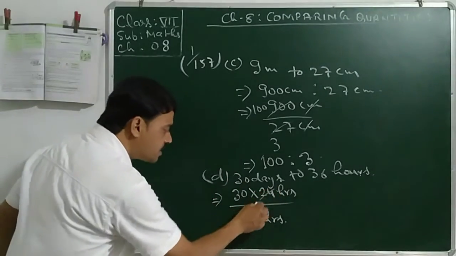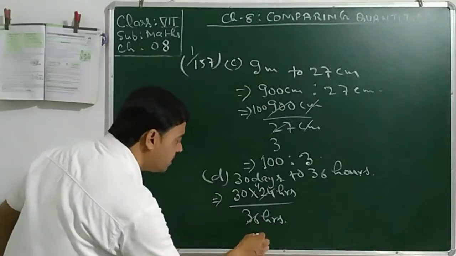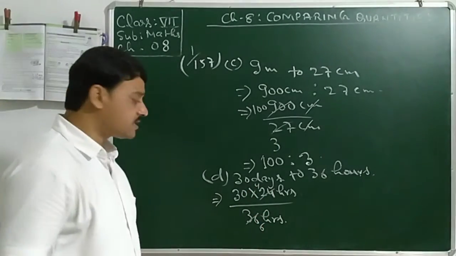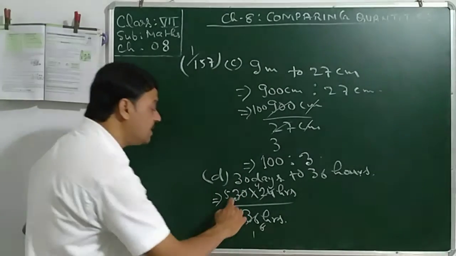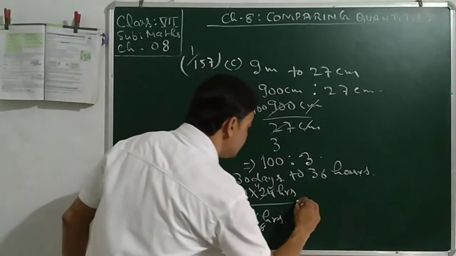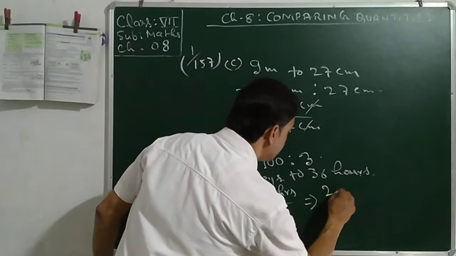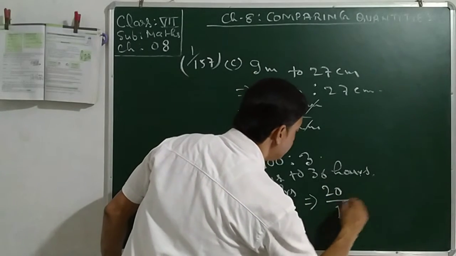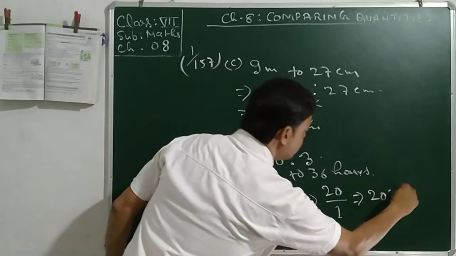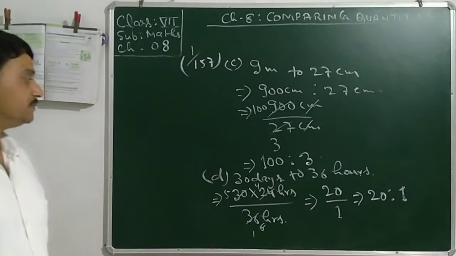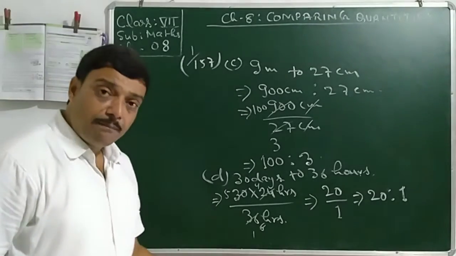See, 6 4s are 24 and 6 6s are 36, 6 1s are 6 and 6 5s are 30 and 5 4s are 20. So we got here 20 by 1 and the ratio is 20:1. And this will complete the 1 number.